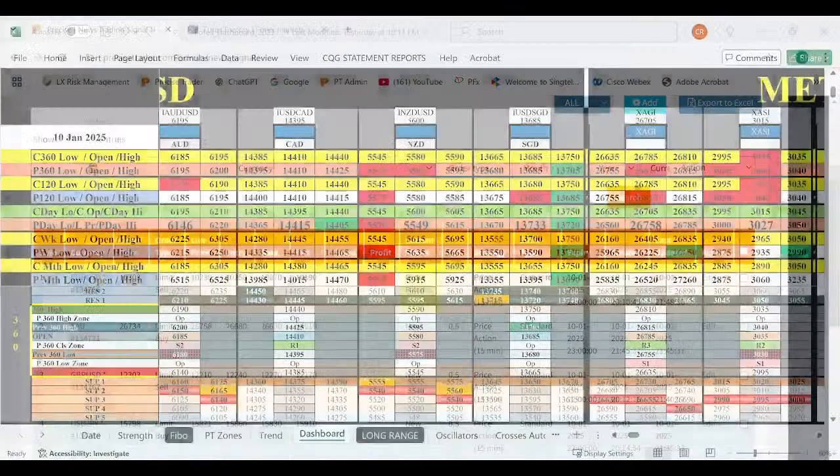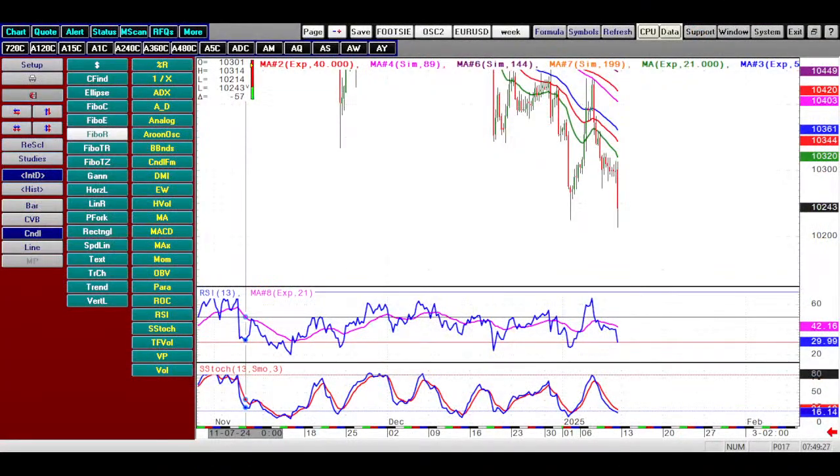This would be the next level to take your profits, so do take note that you may want to close at 80 half.